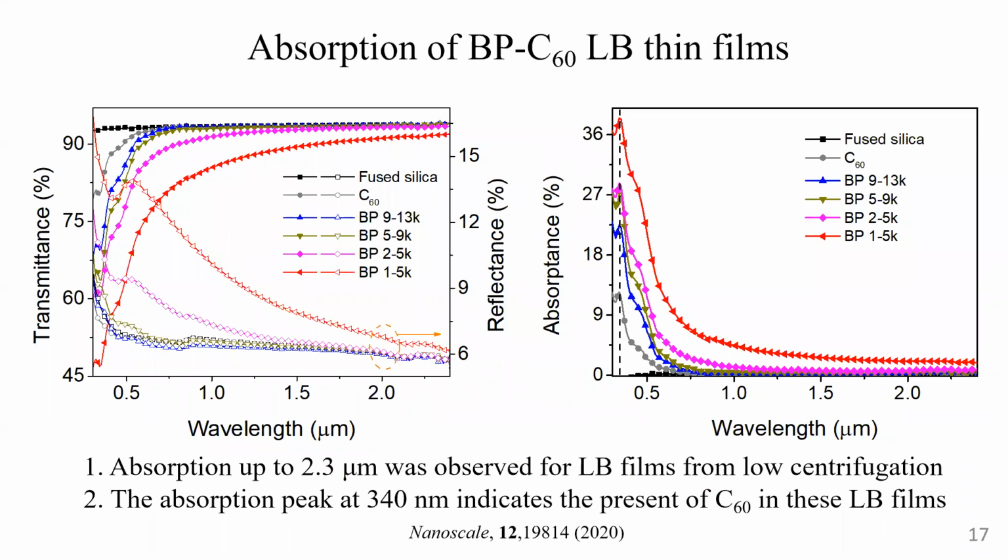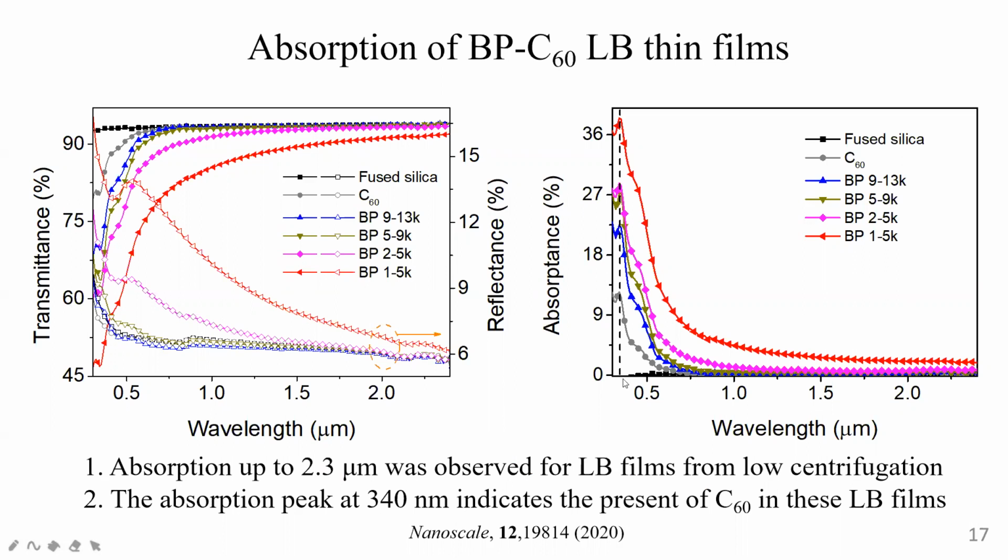With this thin film on fused silica, we have measured the UV-visible near-infrared absorption of the thin films using an integrating sphere. After obtaining the transmittance and the reflectance, we calculate the absorptance.